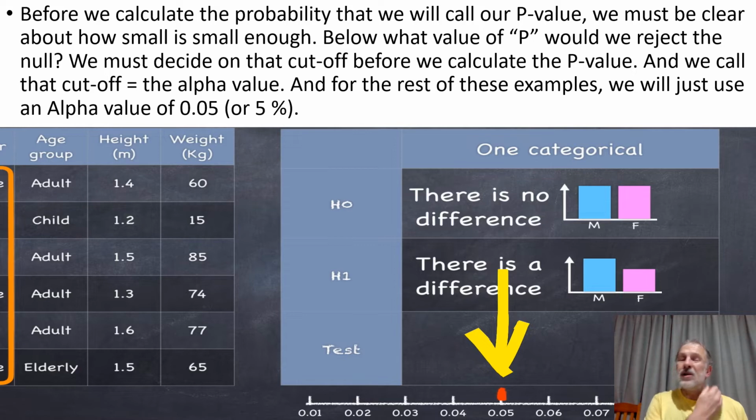But if it's not really important, there's no risk in it, maybe you can even go for a higher p-value. But usually a good p-value is 0.05 or 5%, and we're going to use it for most of our examples.